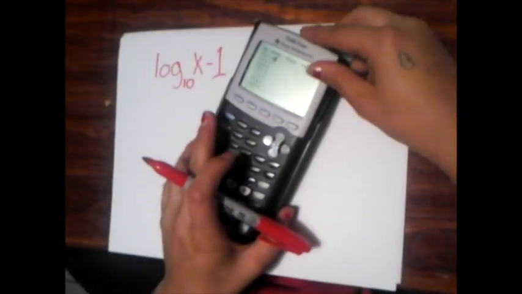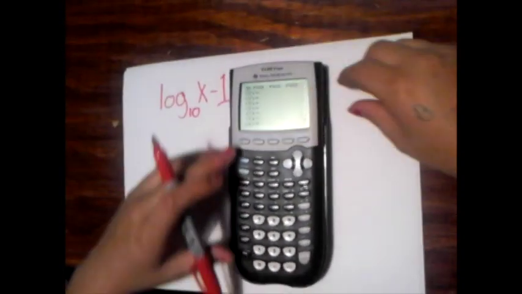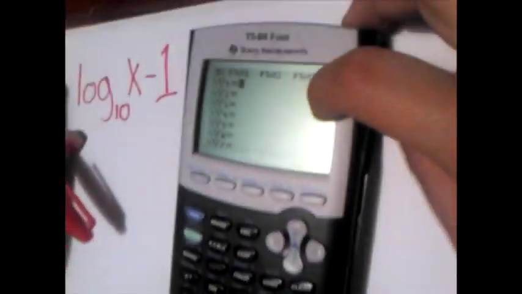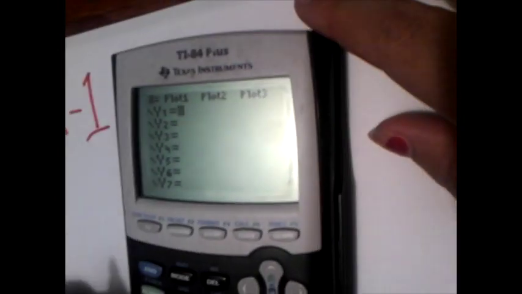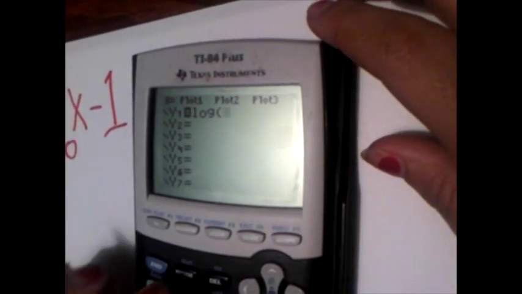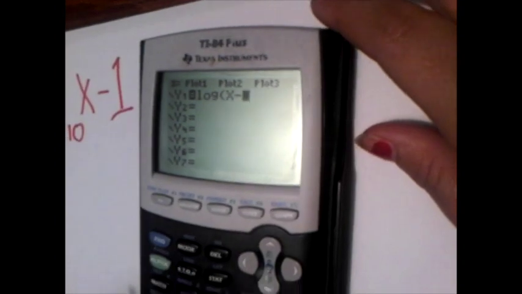Alrighty, so we're going to get started by taking this calculator, and usually it'll be off, so you do second, on, and clear. Then you go to y equals and type in log x minus 1.